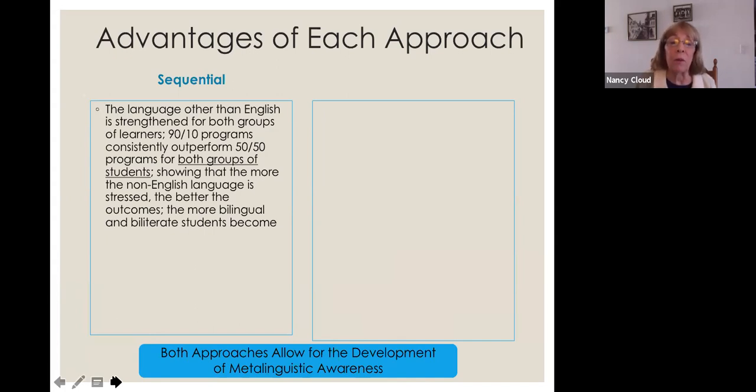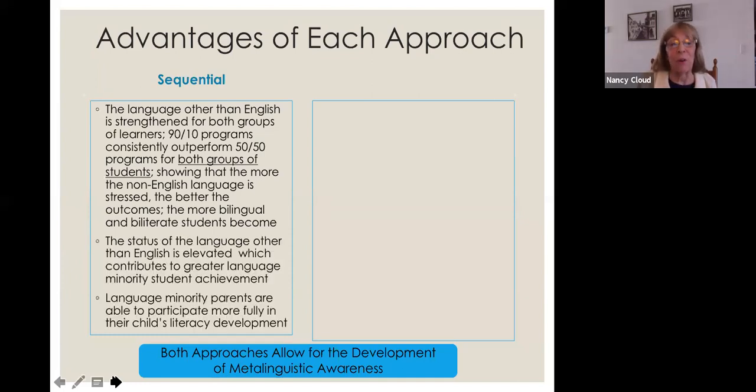But we know in the dual language programs that the more we use the non-English language, the better the outcomes in terms of how bilingual and biliterate the English speakers become and the other speakers as well. We also elevate the status of the language other than English. English has plenty of support.